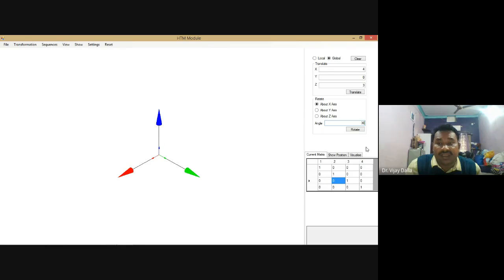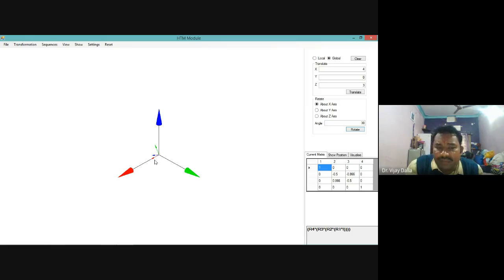So see, after clicking this rotate, the movement in the coordinate systems. Again I'm rotating, again, again. If you observe closely, the rotation is about the x-axis.